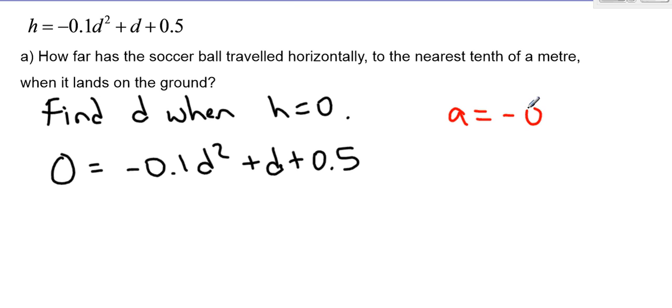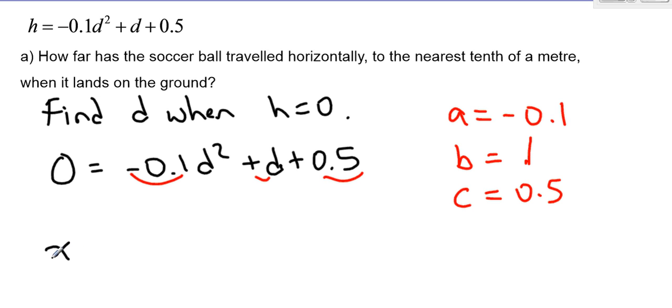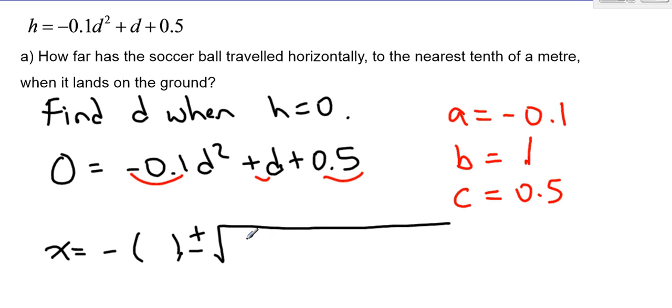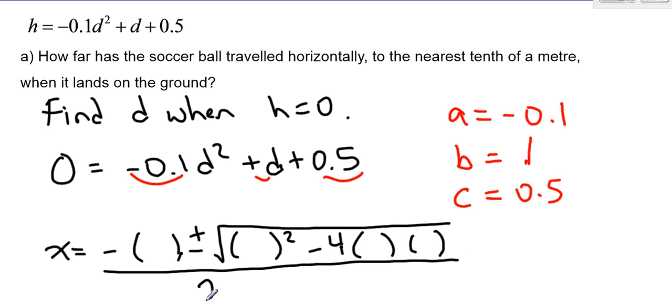So that means I have to identify what A, B, and C are, right? So here's ax squared plus bx plus c. And now I can use the quadratic formula. So x equals negative b, plus or minus the square root of b squared minus 4ac, all divided by 2a.